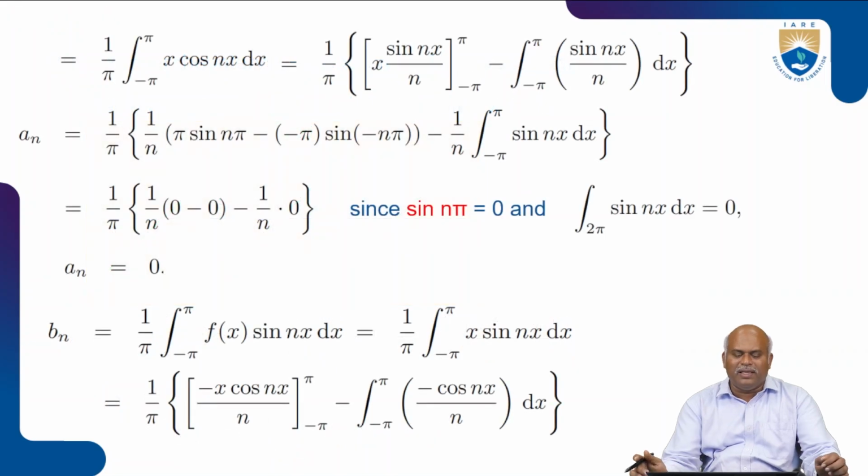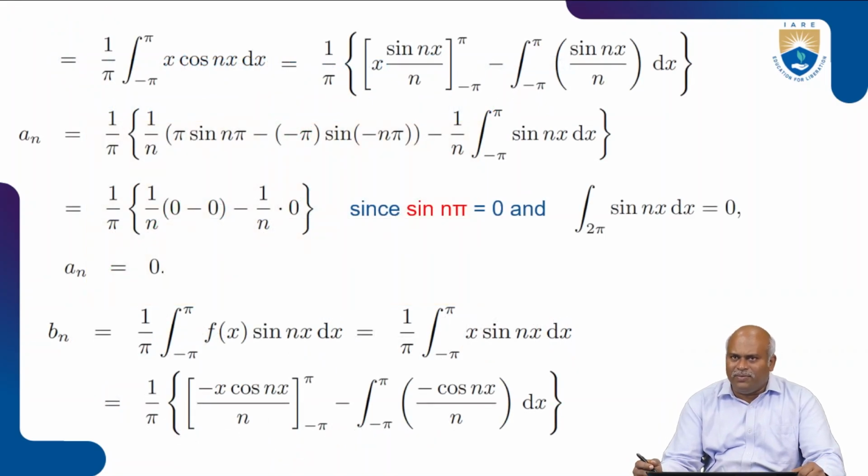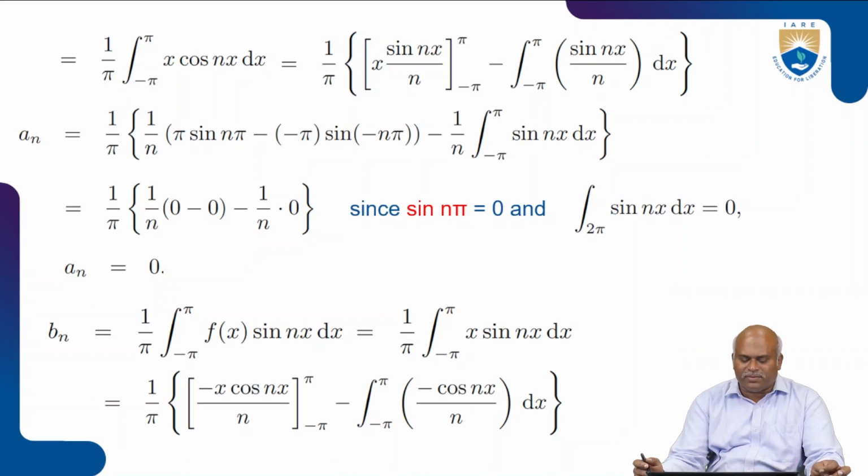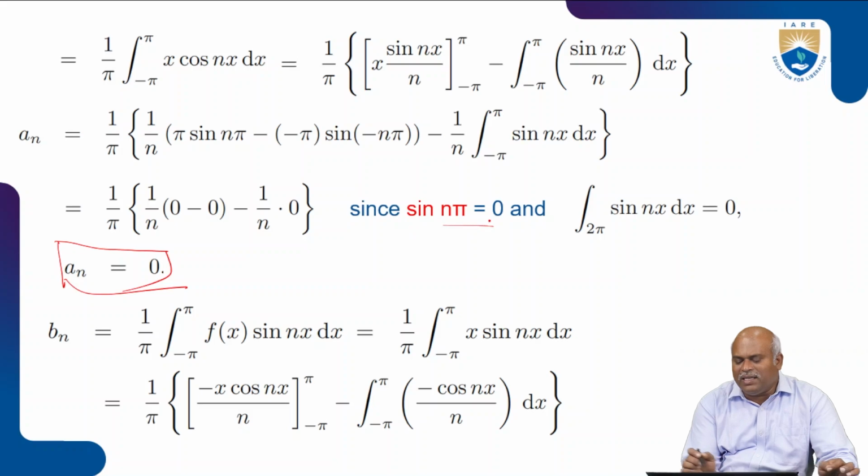Substitute the f of x value, integrate, then substitute the interval minus pi to plus pi, we get a of n equal to 0. Under which condition is a of n equal to 0? Since sin of n pi is equal to 0, all the values are represented as 0. So a of n is 0.